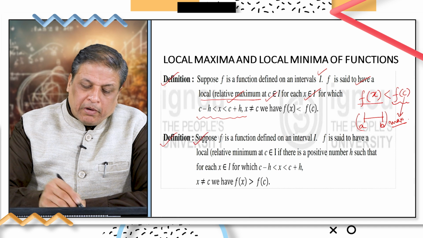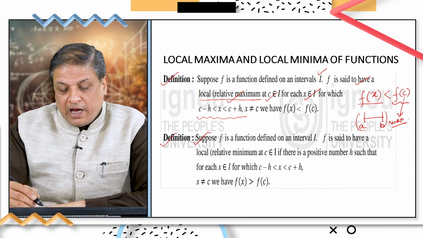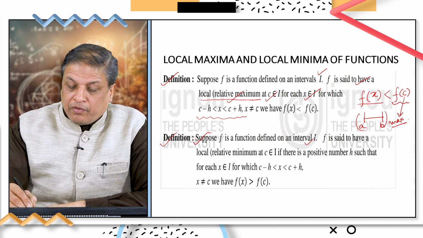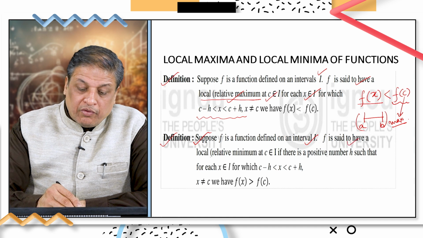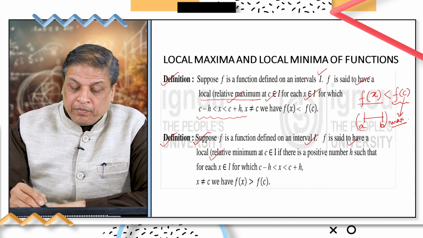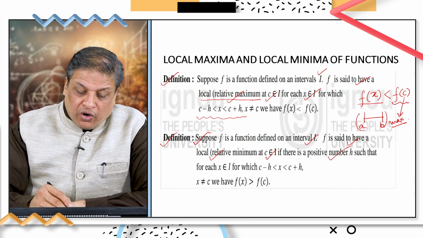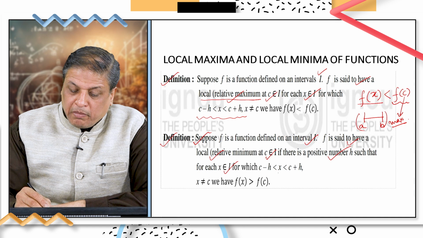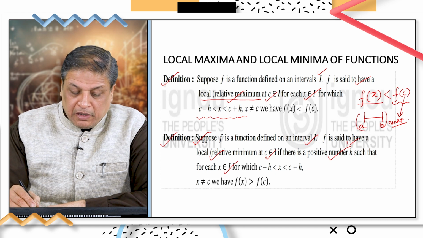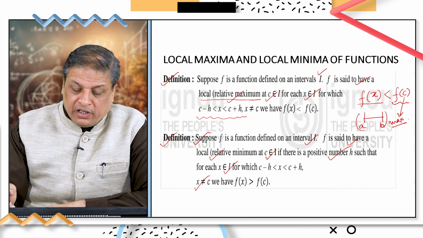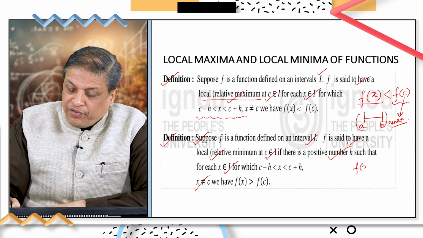Now, for the minimum part, suppose f is a function defined on an interval I. f is said to have a local or relative minimum at point C belonging to I if there exists a positive number h such that for x belonging to I, with C minus h less than x less than C plus h and x not equal to C, we have f(x) greater than f(C).